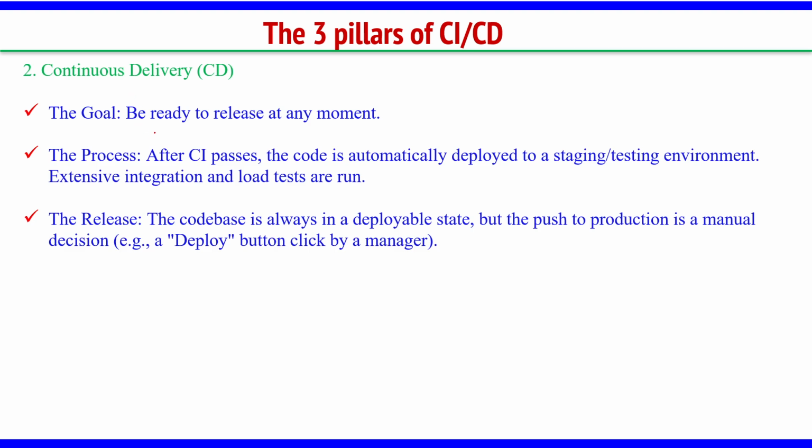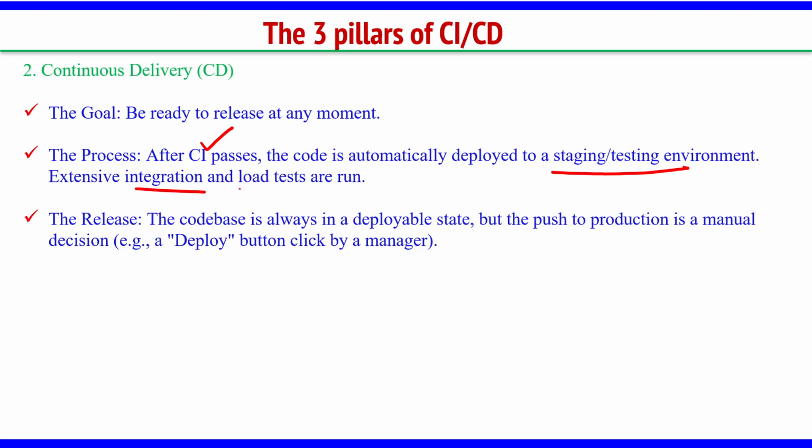Next, CD, continuous delivery, right? The goal: be ready to release at any moment. You should be ready to release the code to the production environment at any moment. That is our continuous delivery process. What happens after the CI passes? The code is automatically deployed in a staging or testing environment, some local server.